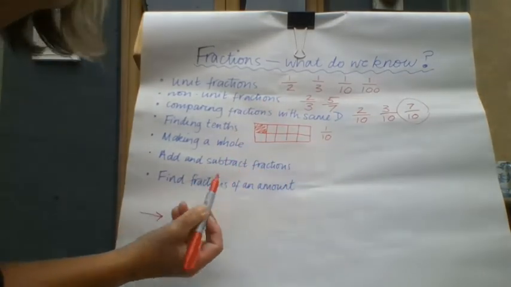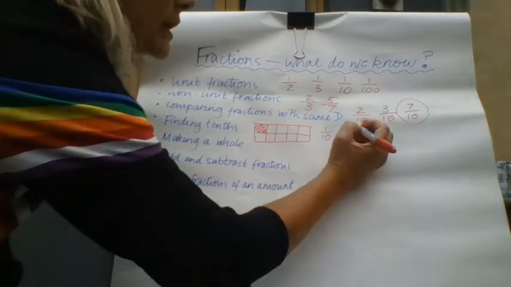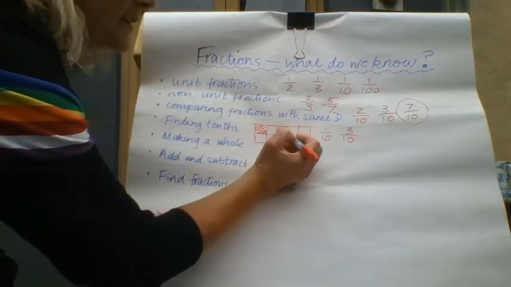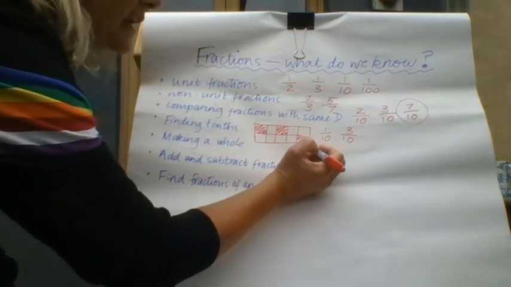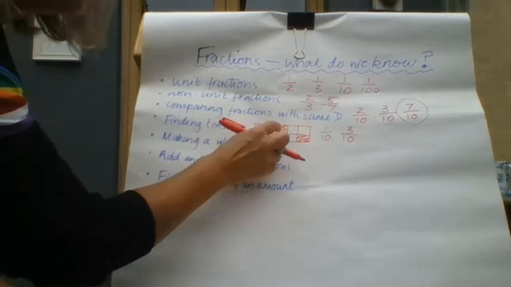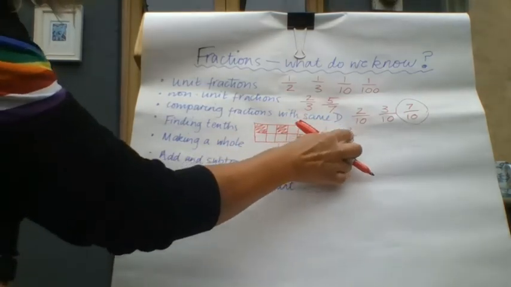So I can shade one of the 10 parts here to show you. If we're talking about 3/10, I would then be colouring in, shading in 3 of those parts. And it doesn't matter where I choose to shade my part, as long as I only choose to shade 3 to show how many of those parts.